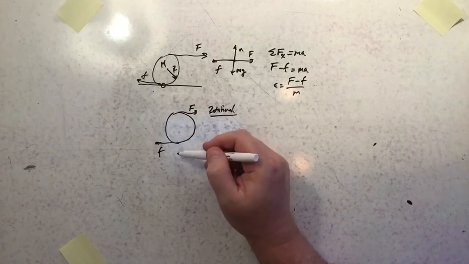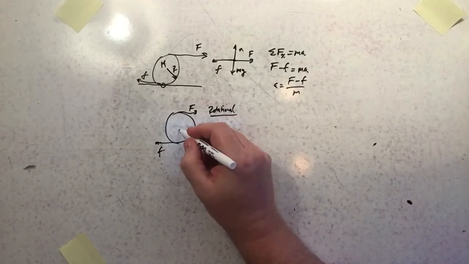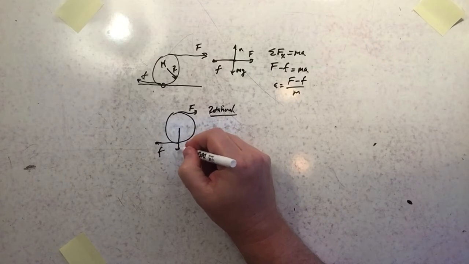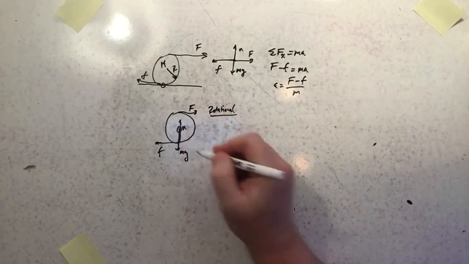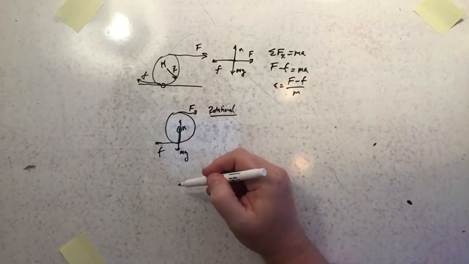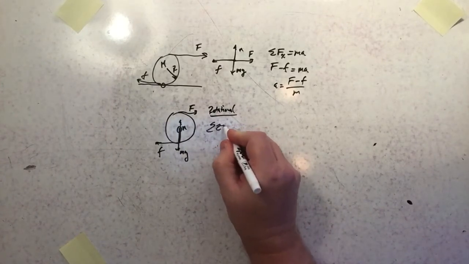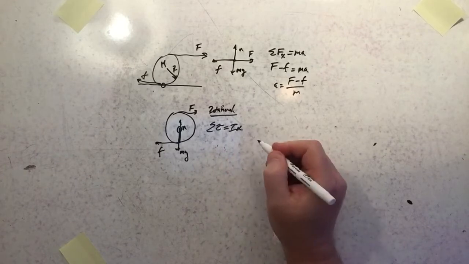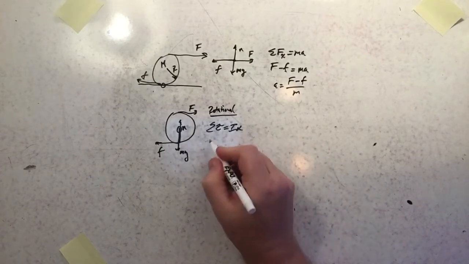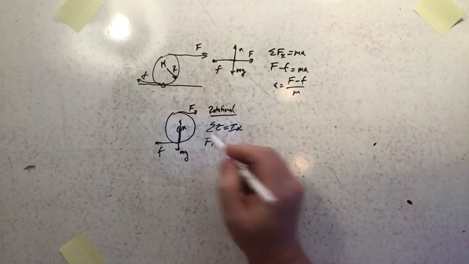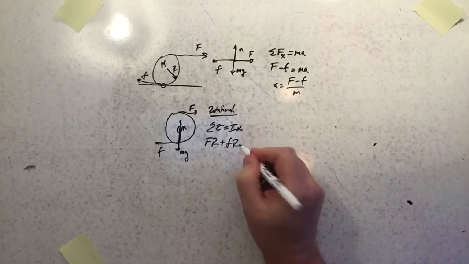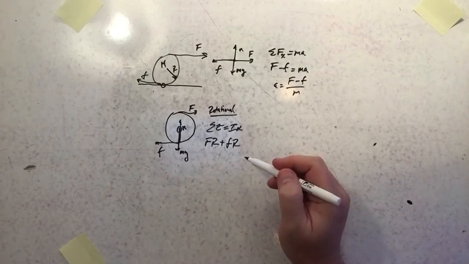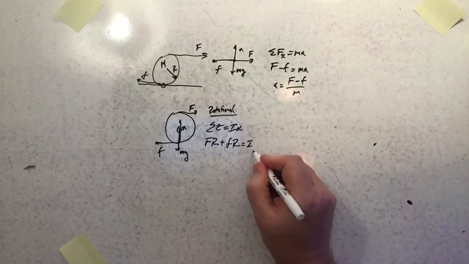Okay, so that's it in terms of forces applying a torque. There's also, of course, the weight and the normal, but because those both go through the center of rotation, they don't cause any torque. So the summation of torques equals I alpha. I'll just go clockwise as positive, that's going to be Fr, which is the torque caused by the applied force, plus fr, that's the torque caused by the frictional force, and that equals I alpha.